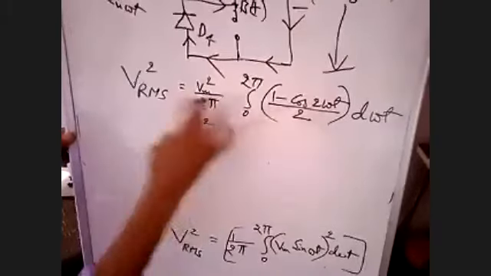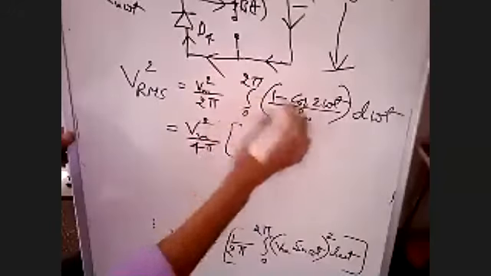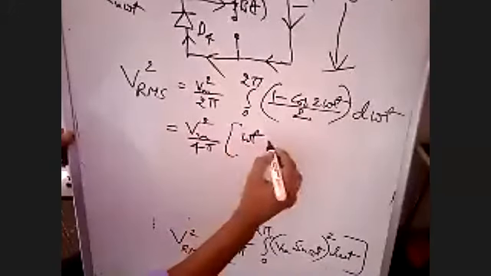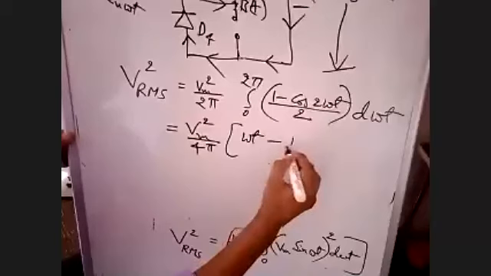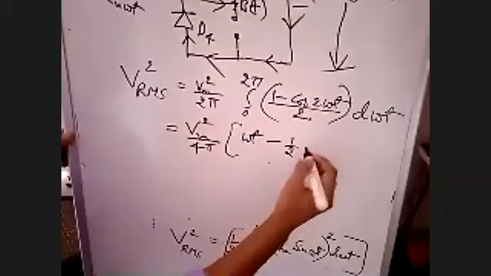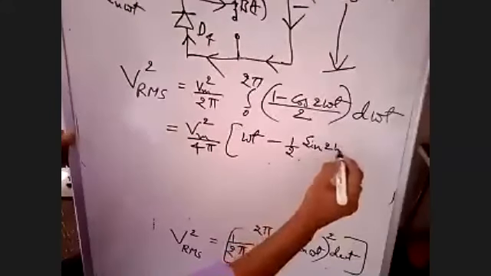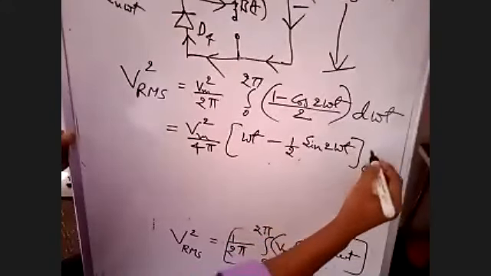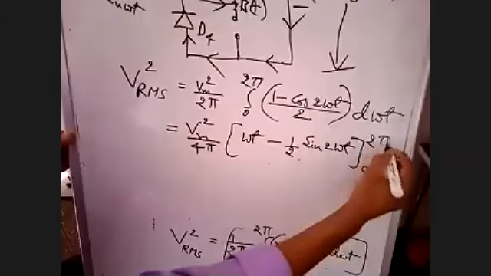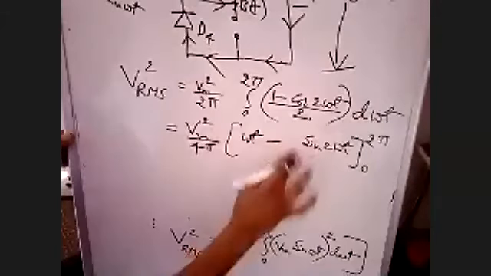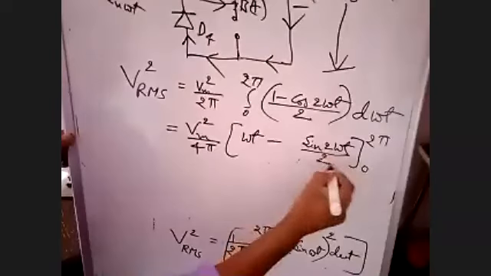Bring this outside the integral. Integral of 1 is omega t. Integral of cos 2 omega t is sin 2 omega t by 2.